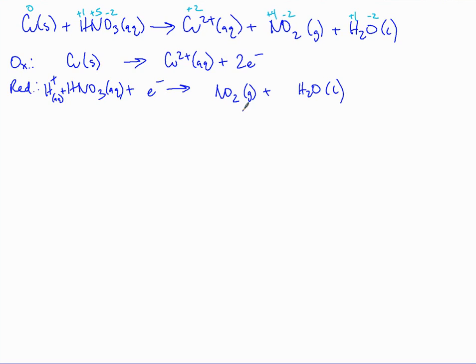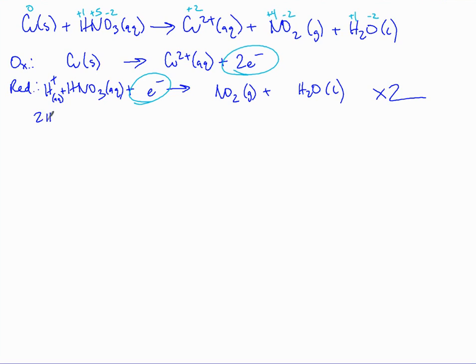Make sure the electrons lost is equal to the electrons gained. What do I have to do? We're looking at 2 here and 1 here. We need to make sure that these are equal. So I'm going to multiply the nitrogen or the reduction half reaction times 2.